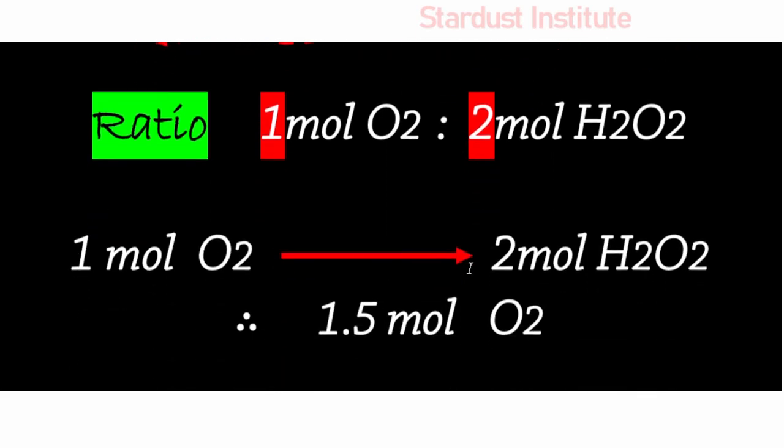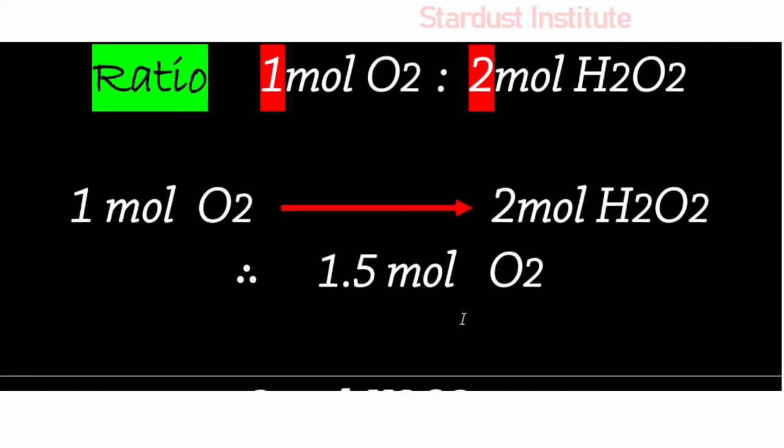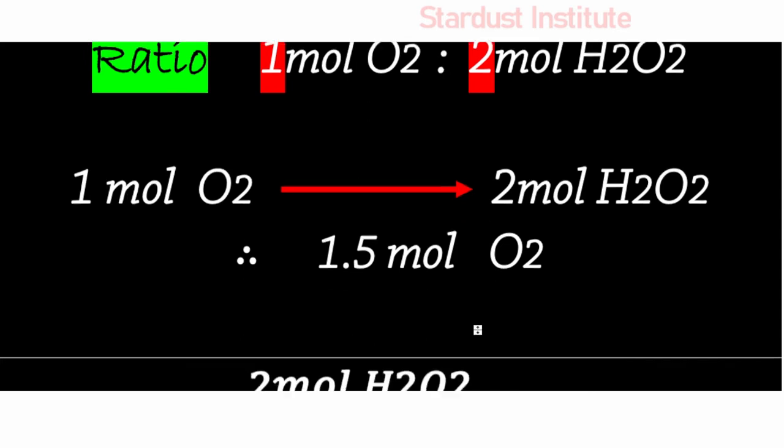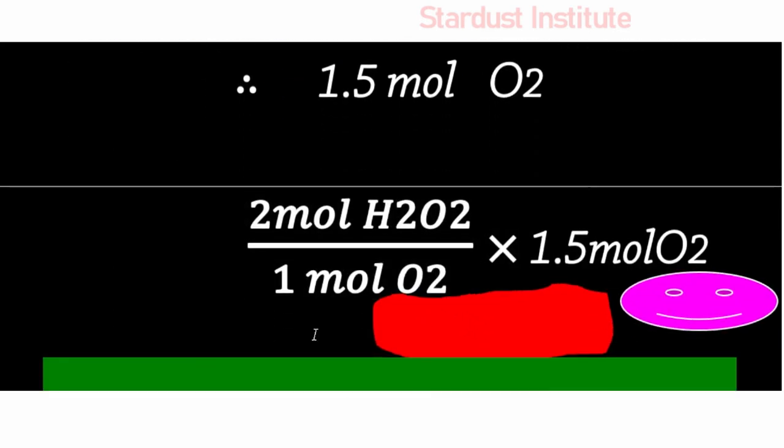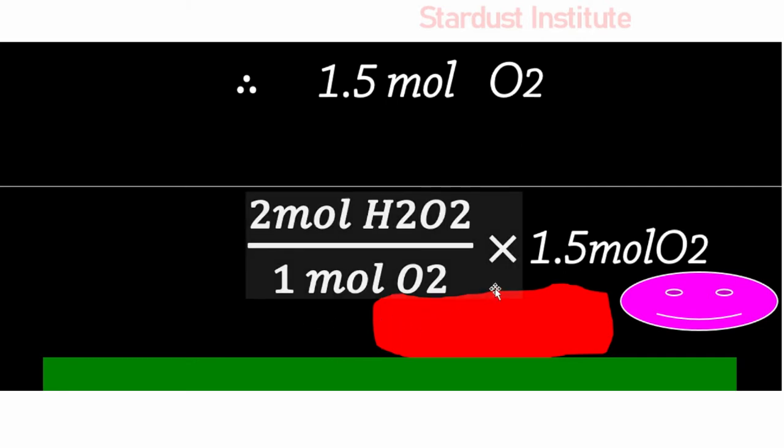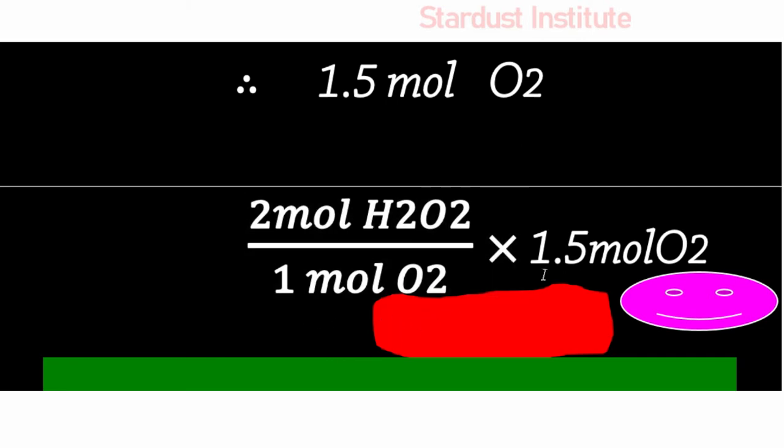How many moles of hydrogen peroxide are needed? We can find it in this way. 2 moles of hydrogen peroxide divided by 1 mole of oxygen multiplied by 1.5 moles of oxygen.